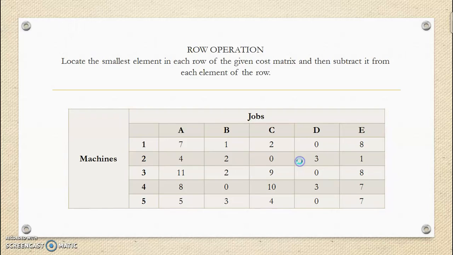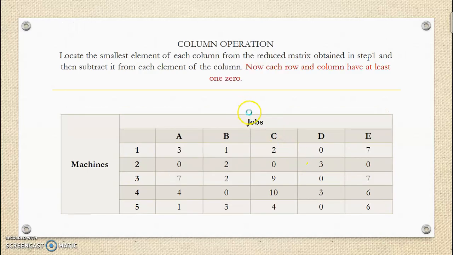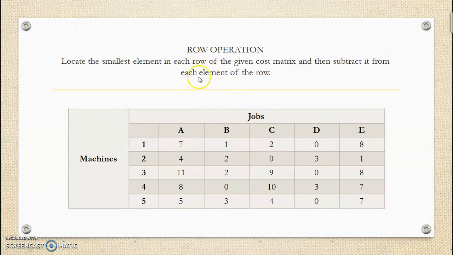So we get a new table as this one. After row operation, locate the smallest element in each row of the cost matrix and then subtract it from each element of the row. So this is the matrix we get after row operation. Once the row operation is completed, on the same table we have to perform column operation.